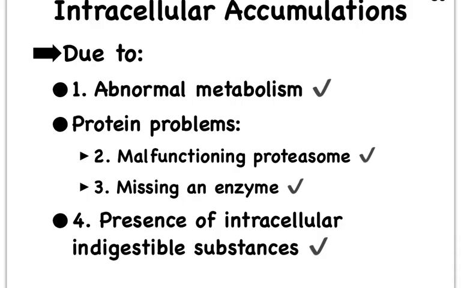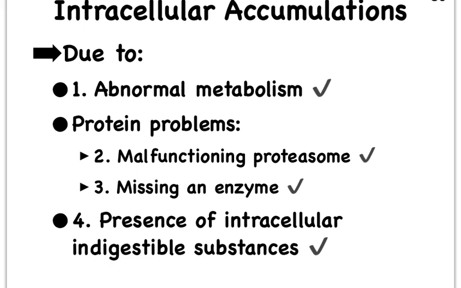So we're almost done with our discussion on cell adaptations. We have one more thing to take a look at, and that is what happens to organelles at times. But let's quickly reflect on what we just finished discussing, which are intracellular accumulations, which is a form of a cell adaptation.